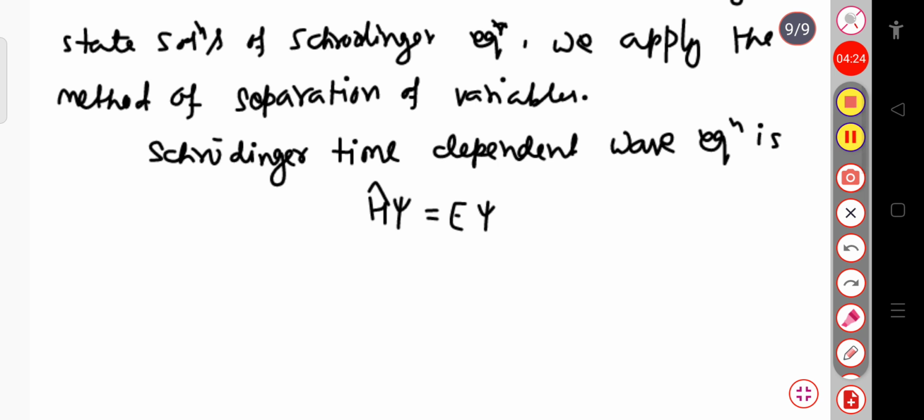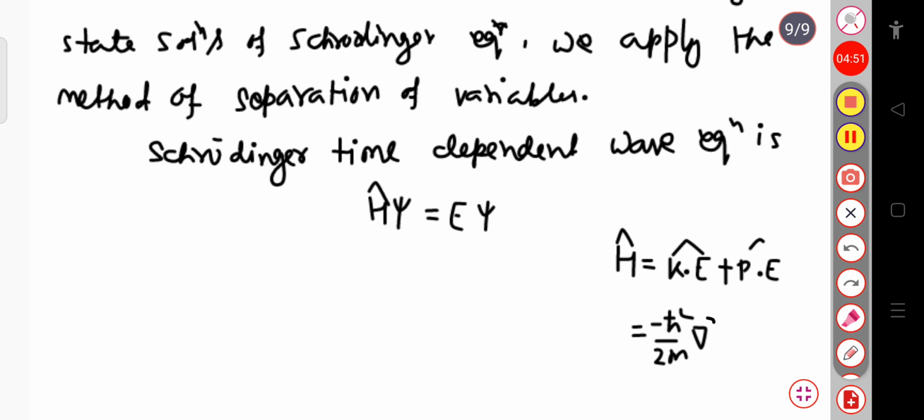Here this H cap, the Hamiltonian, is the sum of the kinetic energy operator and the potential energy operator. For the kinetic energy we can write minus h bar square by 2m del square, and for the potential energy simply V cap.